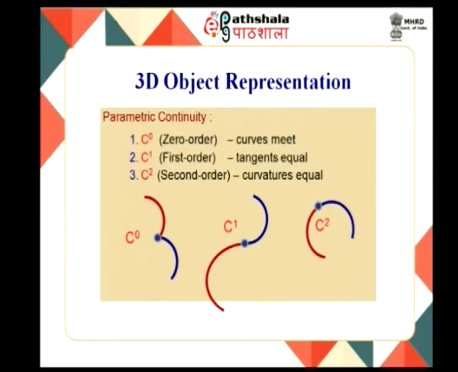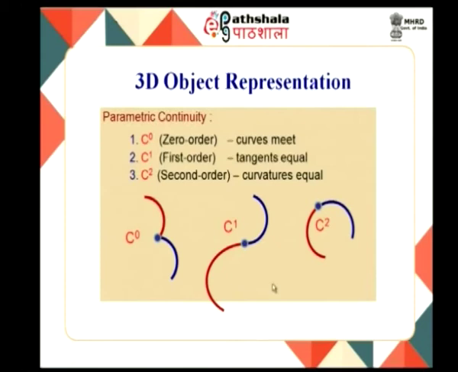So we will be taking many smaller curves and joining them at the boundaries end to end. For that, we have to check whether the curves are joining smoothly. We can check C0 continuity, C1 continuity, and C2 continuity, that is, the 0th order, the first order, and second order continuity.